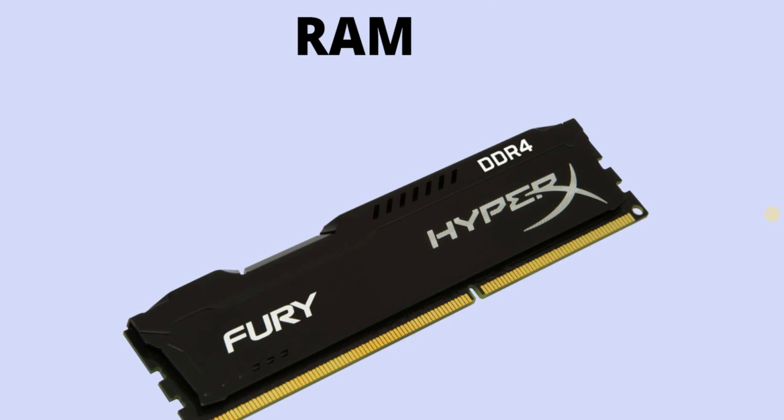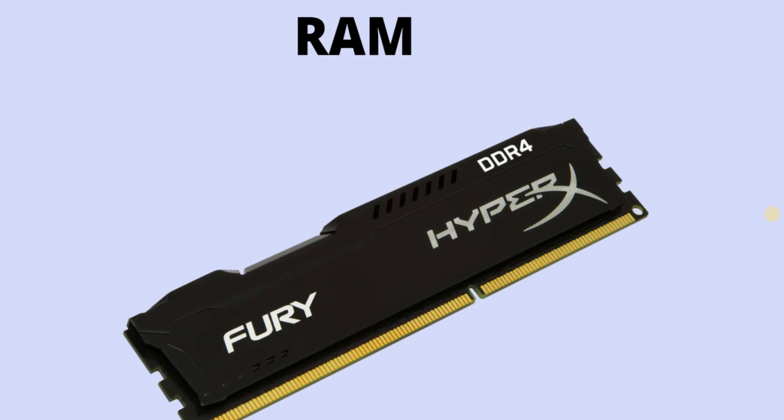RAM. RAM stands for Random Access Memory. It is temporary data storage while carrying out instructions. CPU needs to store or hold data temporarily. CPU holds this data in RAM.